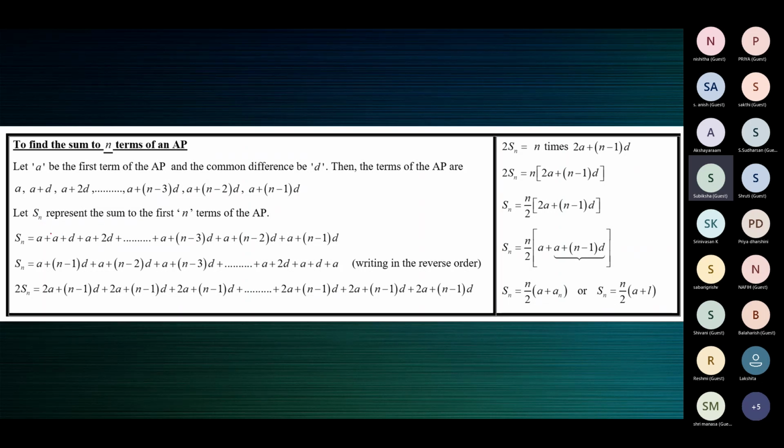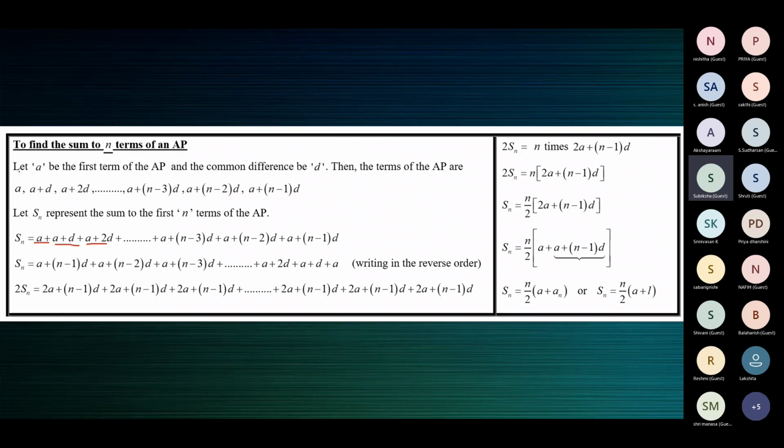So what do we understand by that? That means Sn is equal to the first term plus the second term plus the third term. When you're writing the terms of the AP, you separate the terms using a comma. When you take away the commas and replace them with a plus sign, that means you're finding the sum.